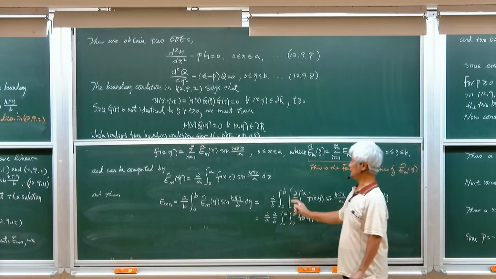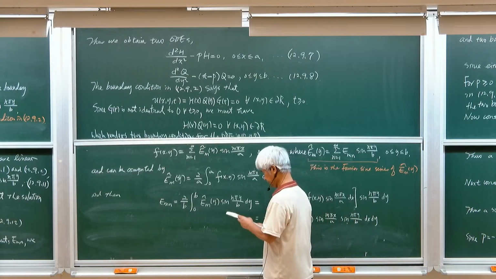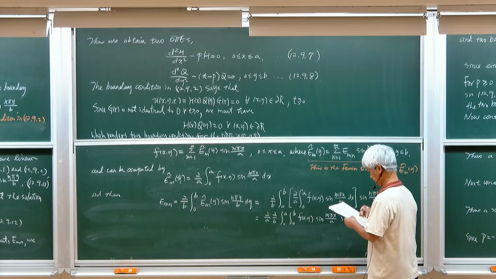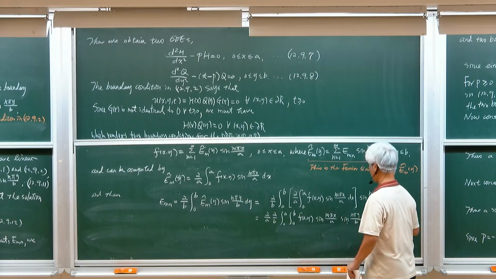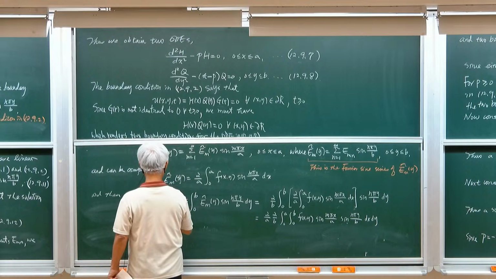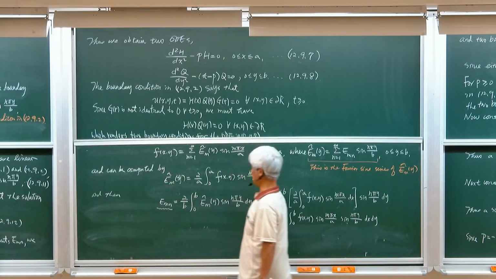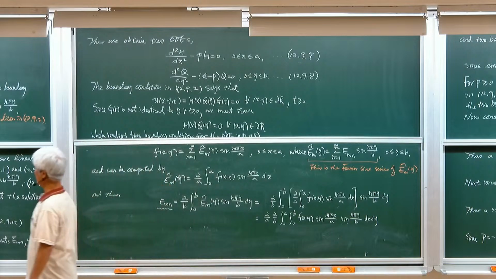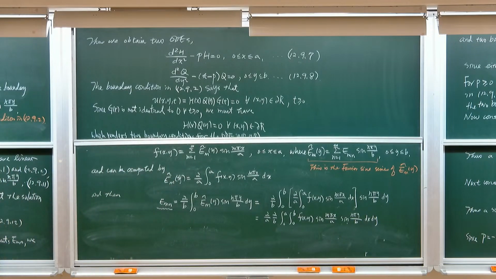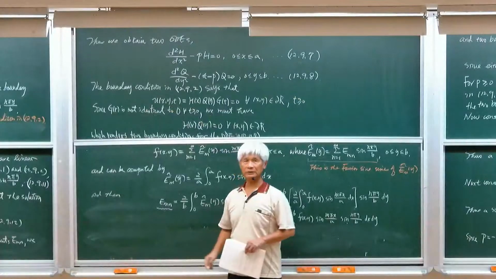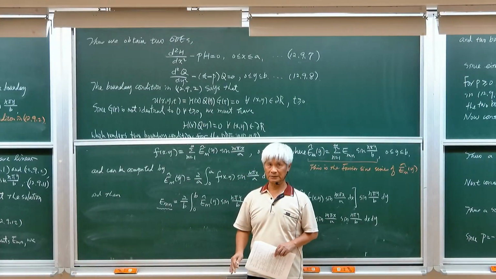So you determine the coefficient E sub mn by using one of the two initial conditions, which is from the initial displacement.